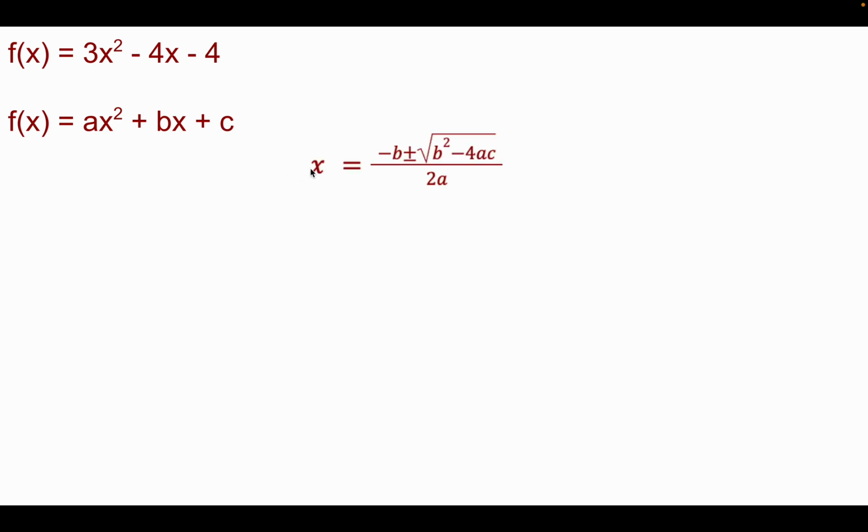The quadratic formula looks like this. Your x-intercept equals -b plus or minus the square root of b squared minus 4ac all over 2a. I would make sure that you write down this formula if you're planning on solving for x-intercepts this way and not factoring. This would be a really good thing to put on your note card for the test.